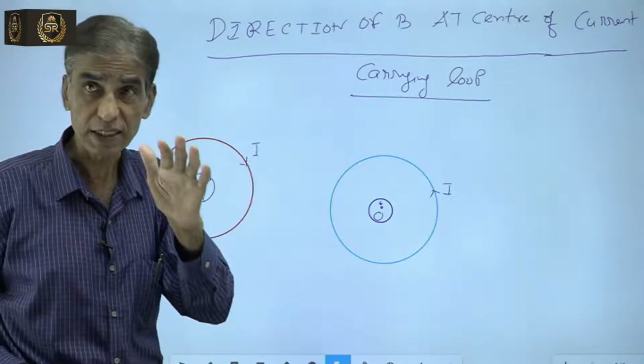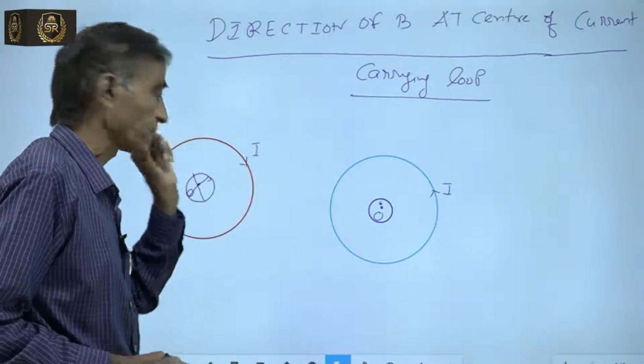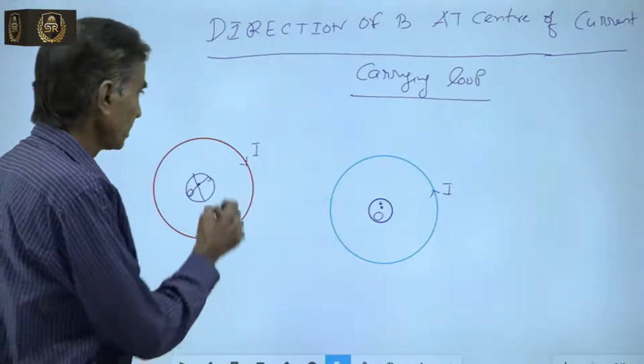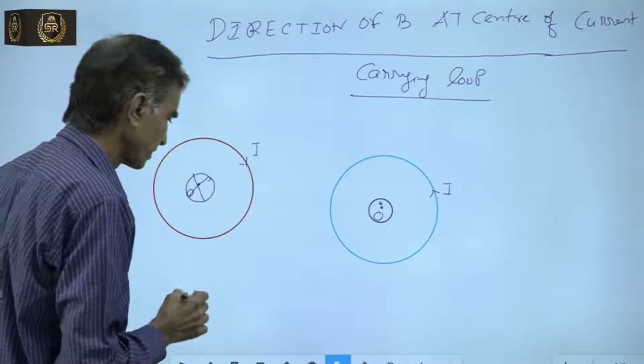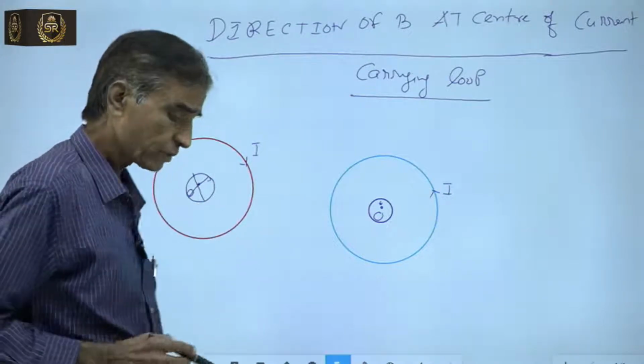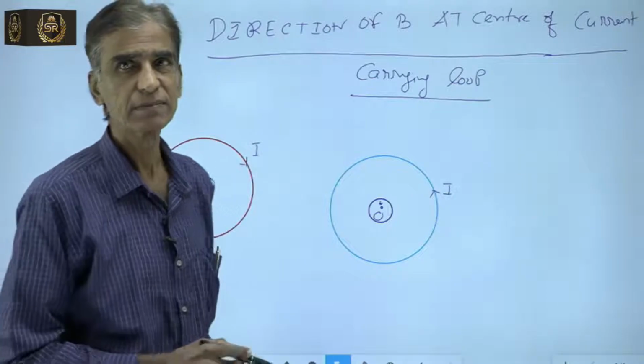Now, one more easiest way to remember this direction: when you take a coil carrying current clockwise, that coil will behave just like the south pole of a magnet.